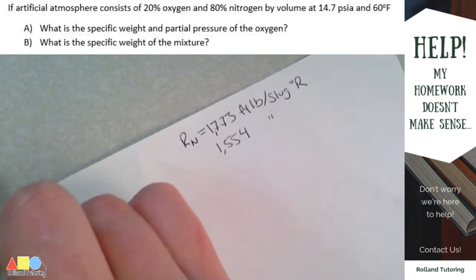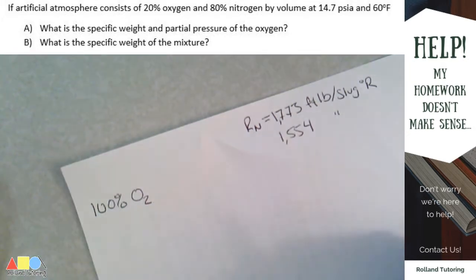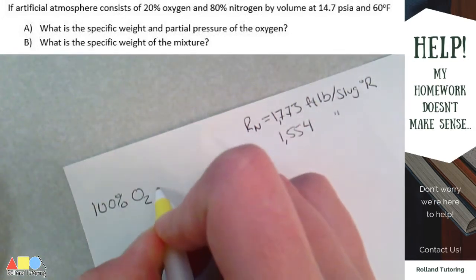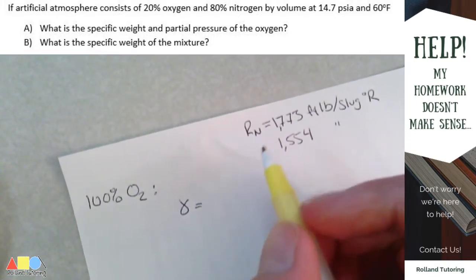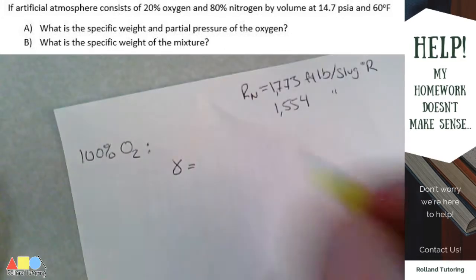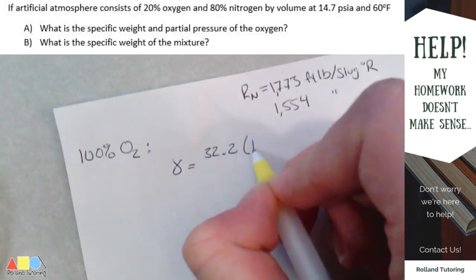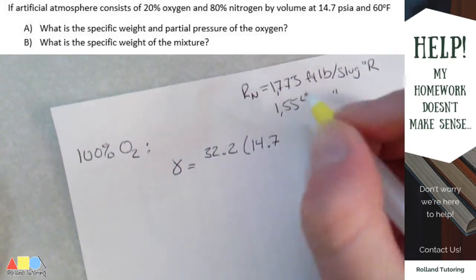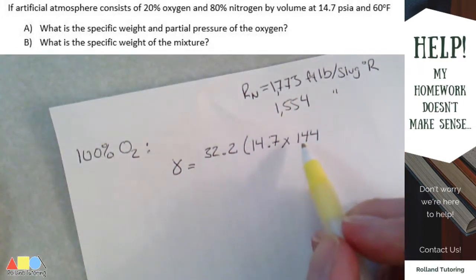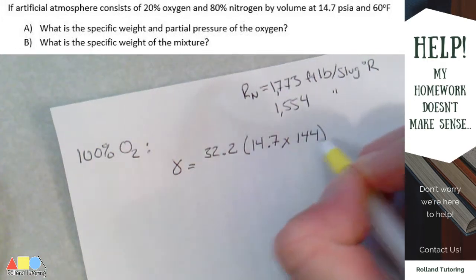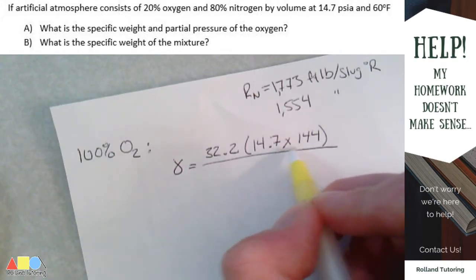So for 100% oxygen, or O2, which is how oxygen typically forms, we will have our density equals, and when you're not using SI terms, gravity is actually 32.2, times our pressure, 14.7, times 144, which is 12 squared, to get inches here, because it's pounds per square inch.